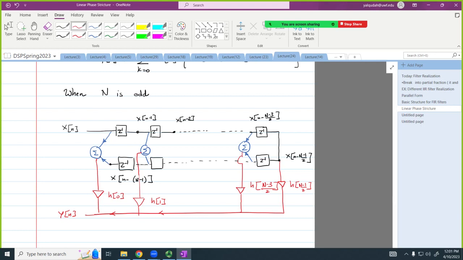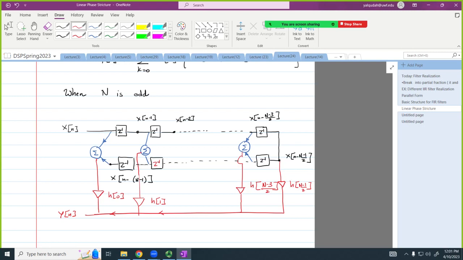So what did we accomplish with the filter when there is symmetry? Linear phase. And what did we get out of it in the filter realization? We used half as many taps, with as many delays as the filter order. Make sense?